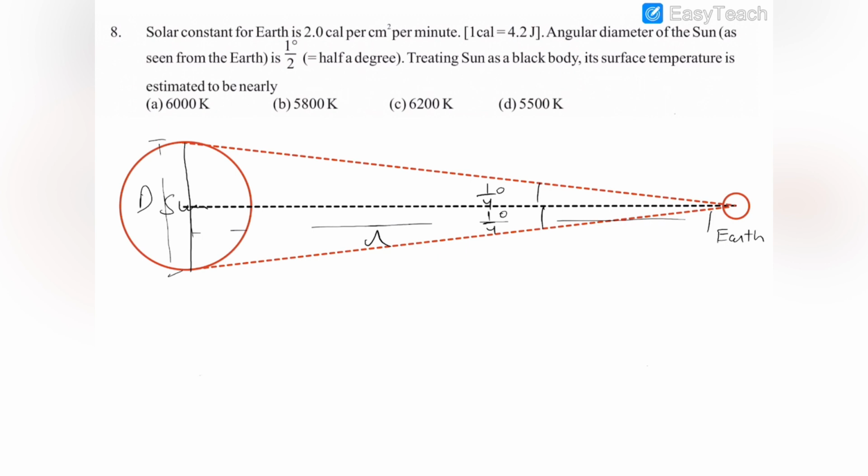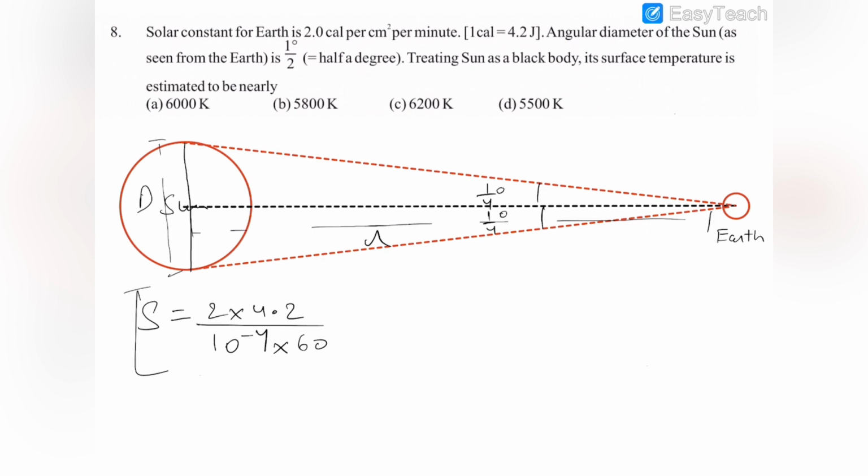Now we know that solar constant S will be 2 into 4.2 in joules, and per centimeter square then it would be 10 raised to power minus 4, and per minute, and 1 minute would be 60 seconds.